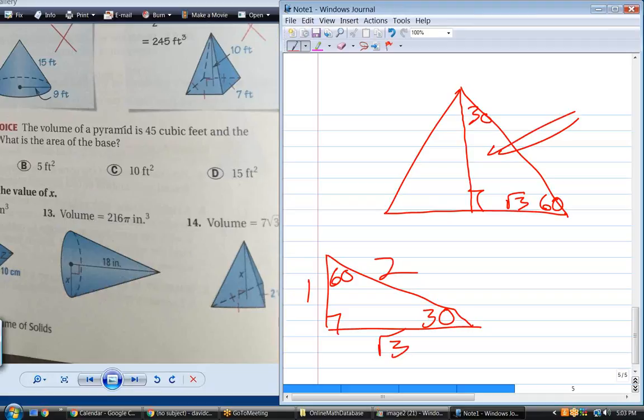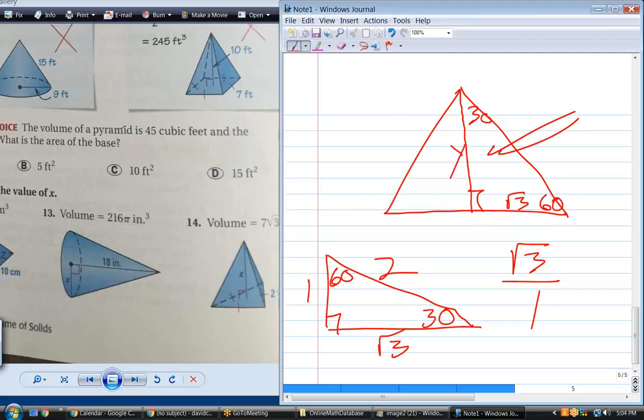You do that by looking at what's the side opposite the 30-degree angle in both cases. It's 1 to square root 3. So big to little is what ratio? Square root of 3 to 1. Square root of 3 is bigger than 1. So the bigger triangle relative to the smaller triangle, corresponding sides is a square root of 3 to 1 ratio. Well, what's that make this dimension right here?